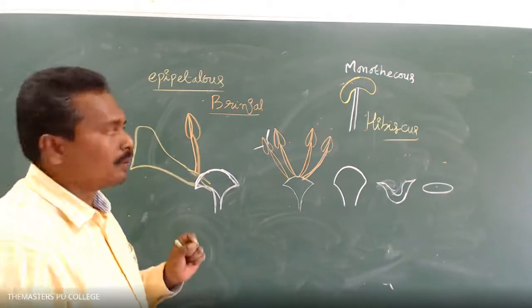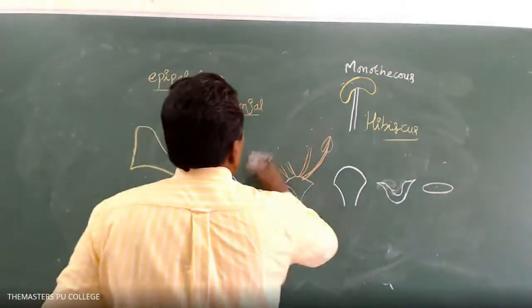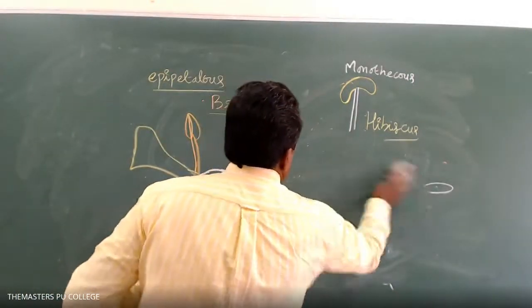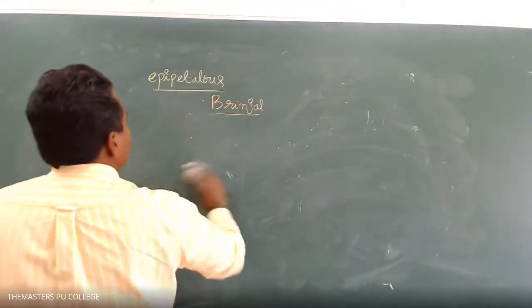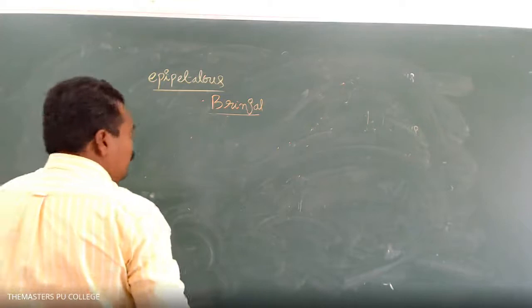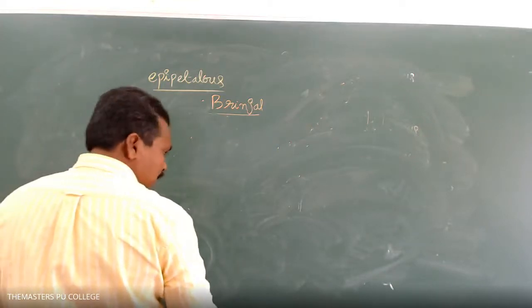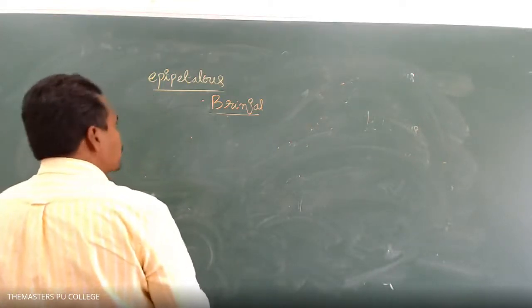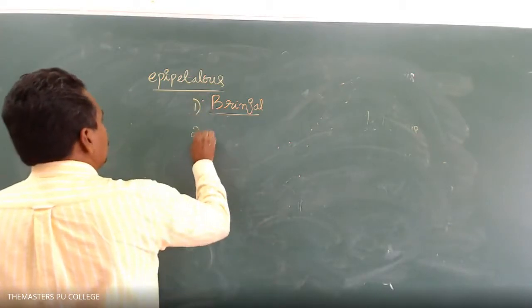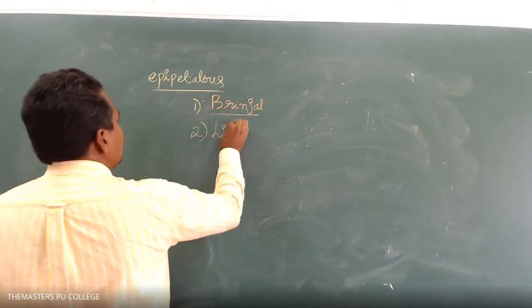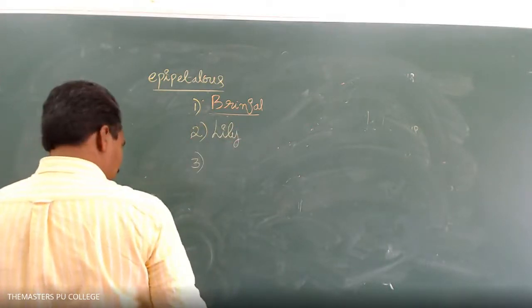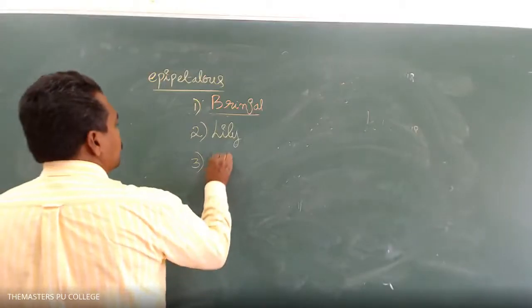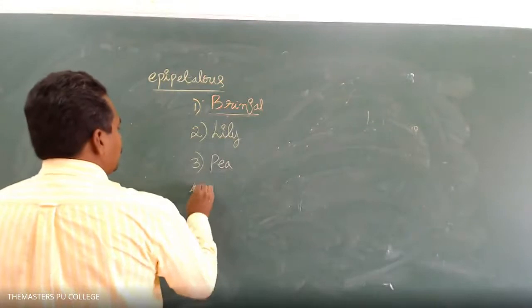Whereas from an objective point of view, the epipetalous condition is in: option 1 brinjal, option 2 lily, option 3 pea plants, option 4 none of these.